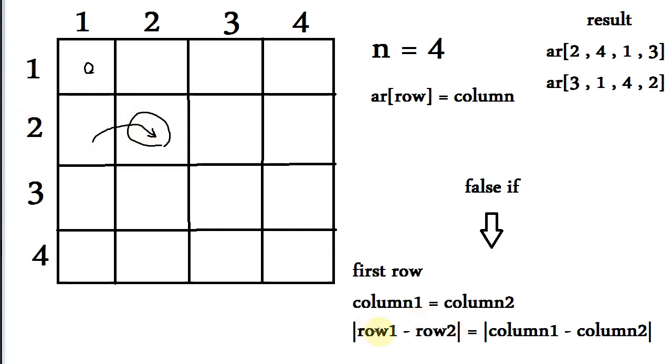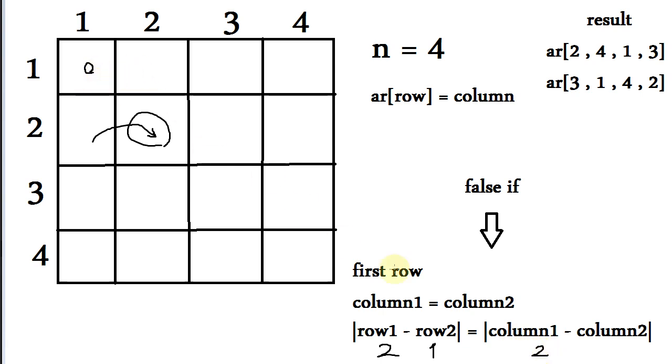the first row, here the row 1 is 2, and row 2, our queen row, is 1, and our candidate column is 2.